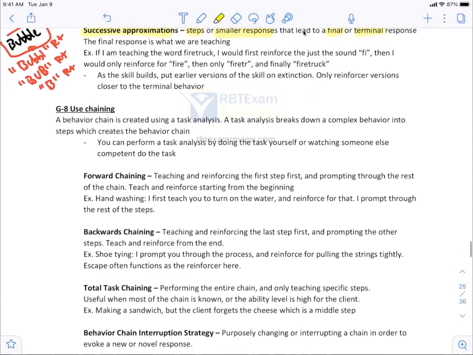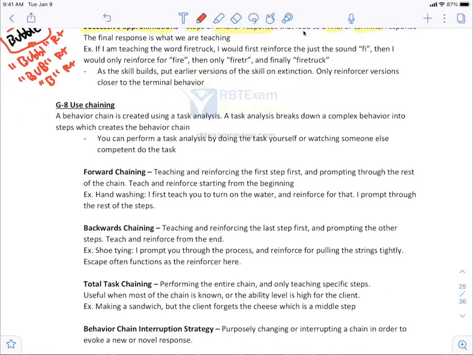Chaining. With chaining, you are now the behavior analyst. What do you need to do? Well, you need to conduct a task analysis. You need to pinpoint the steps of a complex behavior, and create and use those steps to teach that behavior to another person. Who can we look at, right?